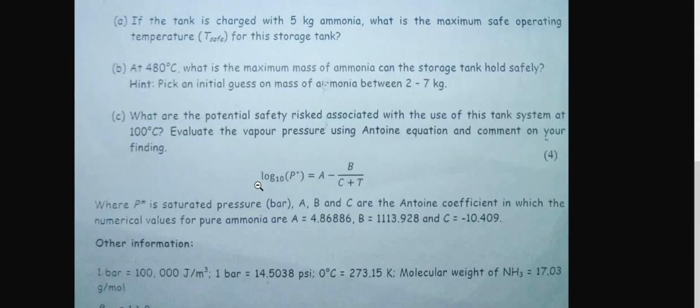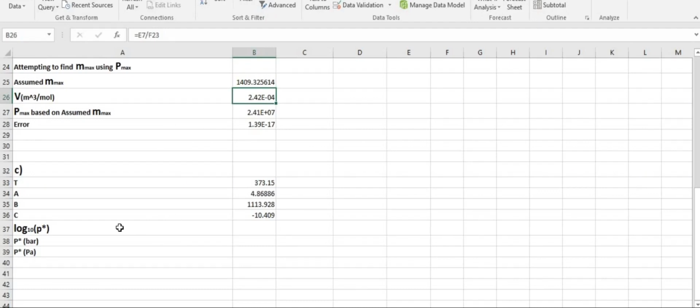So we come here and we input our formula. Log P is equal to A, which is this, minus the other part of the equation, which is B divided by C plus D in bracket. 100 degrees Celsius converted to Kelvin gives us this.